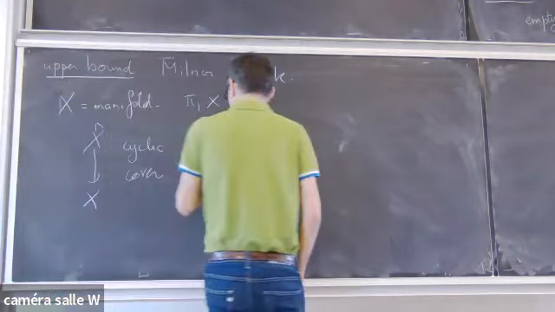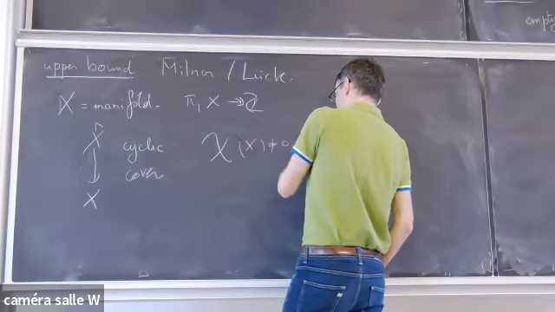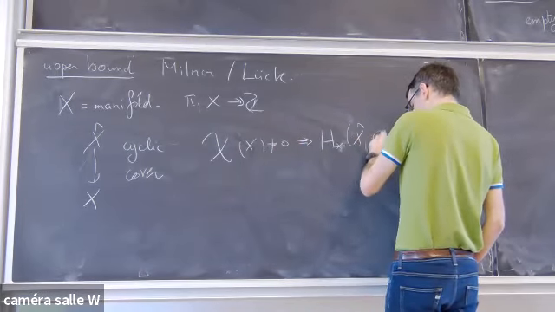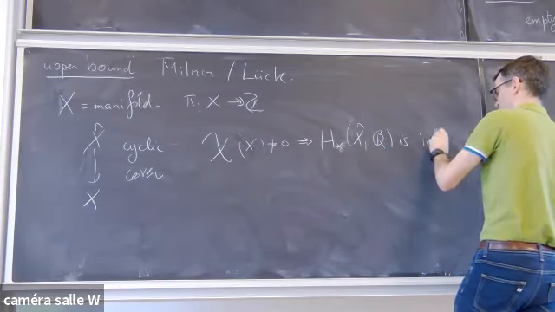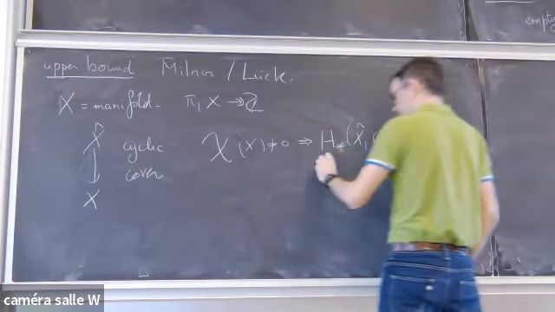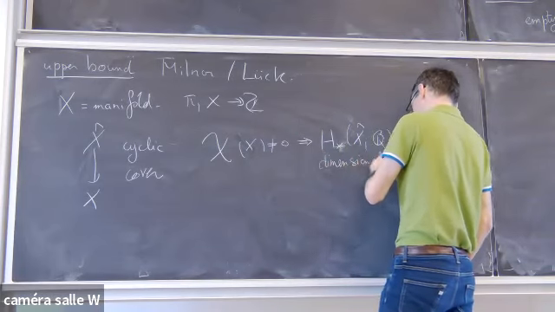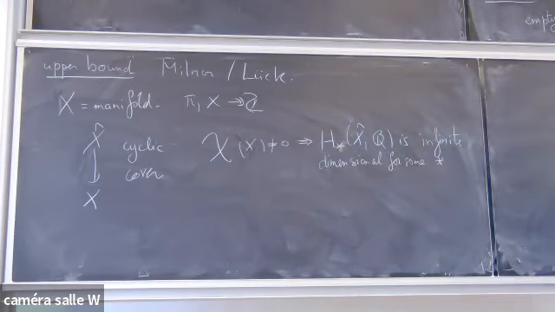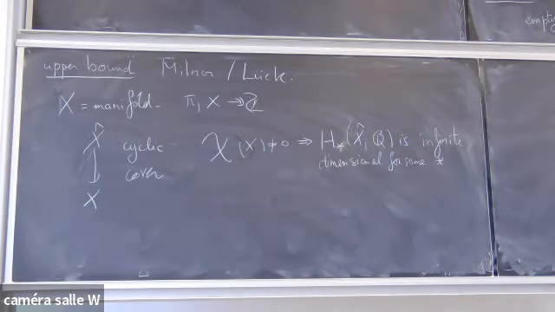And what he proves is that if the Euler characteristic of X is non-zero, then the homology of X hat is infinite dimensional in some degree. So yeah, it's not difficult, just some nice exact sequence.